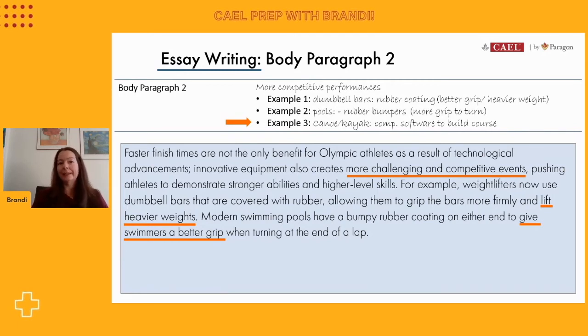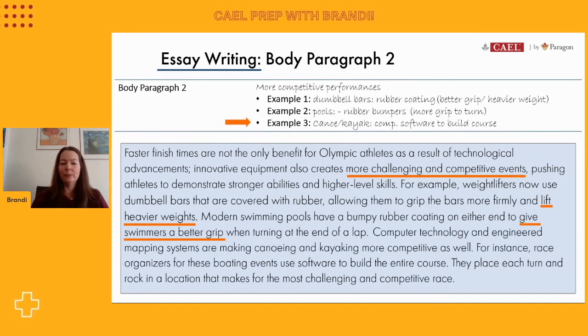So you can imagine then that these kayakers or canoers have to really fine tune their technique so that they can navigate around these turns and obstacles. So using this software to build that course is pushing the athletes to go harder, to demonstrate higher level skills so that they can get to the end of the course in record time. So this is a little bit more of a complex idea, so it takes maybe a few sentences then to get the idea down.